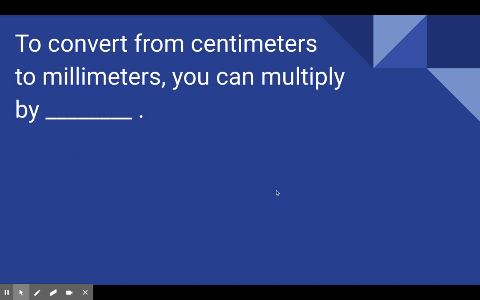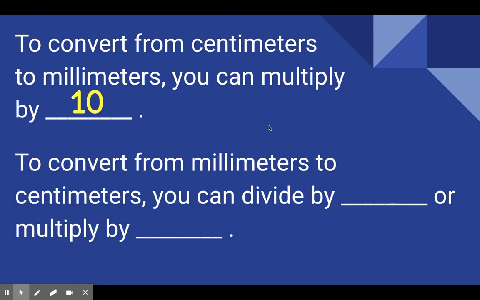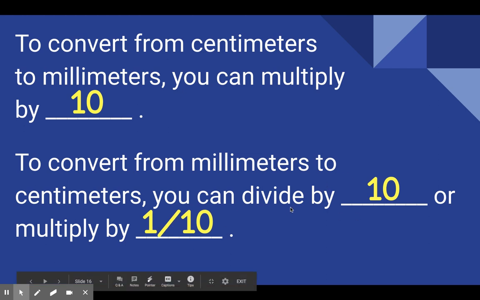To go from 1 centimeter to 10 millimeters or 2 centimeters to 20 millimeters, we can multiply by the number 10, right? And then to convert from millimeters to centimeters, to go the opposite way, we can divide by 10, or you can multiply by 1/10. Remembering that dividing or multiplying by a fraction is the same thing.